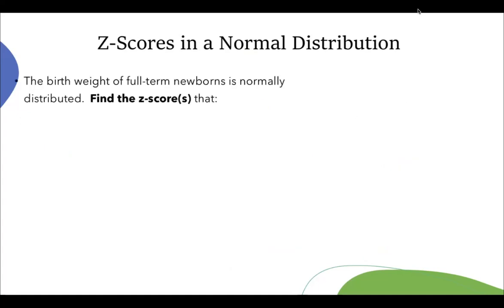Let's look at a question involving z-scores and weights of newborns. The birth weight of a full-term newborn is normally distributed. Find the z-score that: A, cuts off the bottom 15% of newborn weights; B, cuts off the top 2.5% of newborn weights; C, cuts off the middle 80% of newborn weights. The question is not asking us for a probability or a proportion of area.